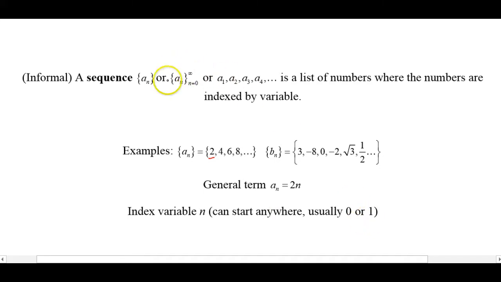In this top notation, the index indicated that the starting index was 0, but this general term implies that we're going to start our index at 1, because if I were to plug 0 into this n, I'd get 2 times 0 is 0, which is not the first term. So this general term implies that we have a starting index at 1.